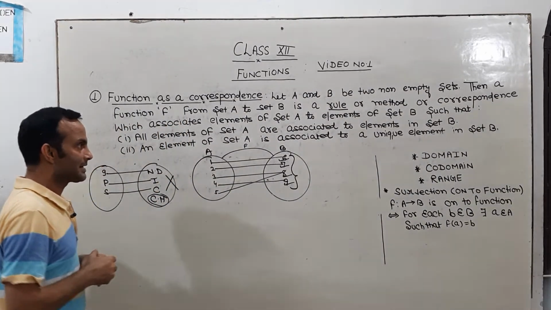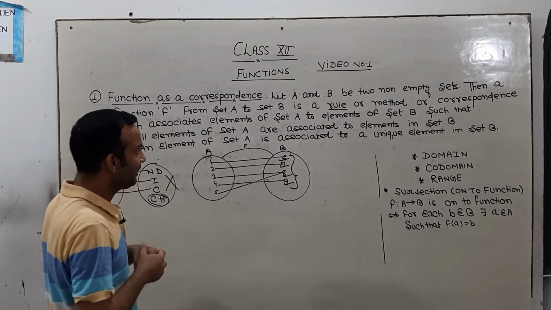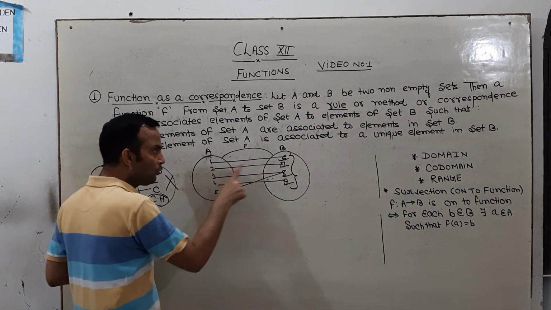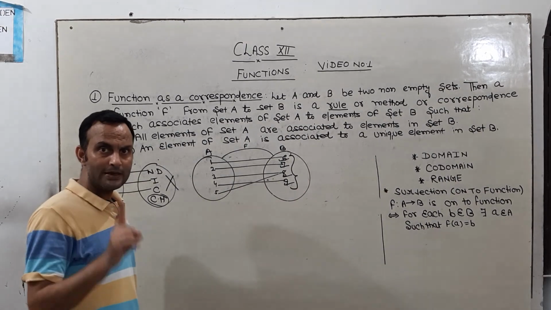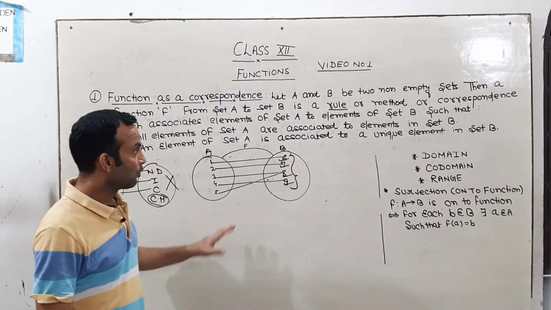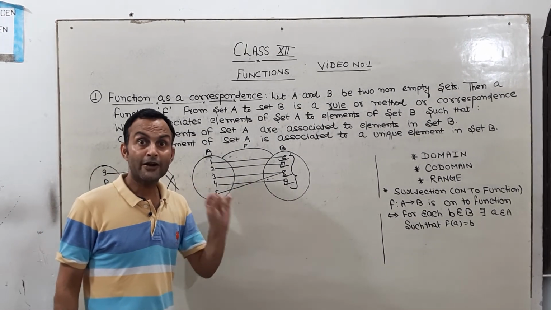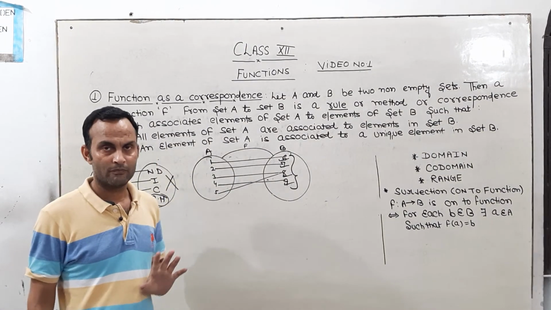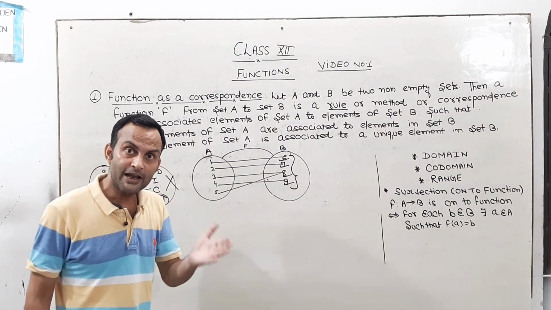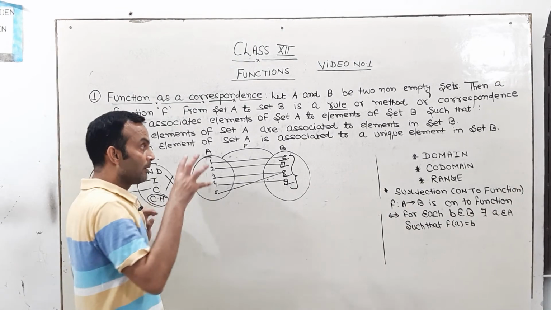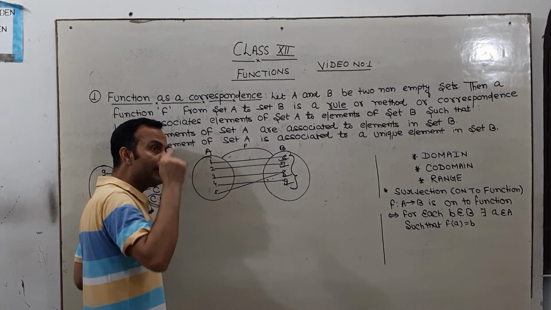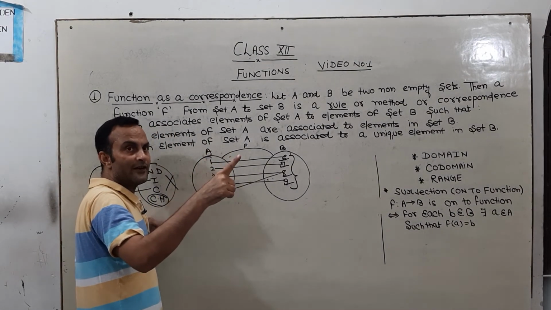One minute, my dear students, I want to say one more thing. In onto function or in surjection, codomain and range both are same. Because I have already told you the meaning of codomain and range.